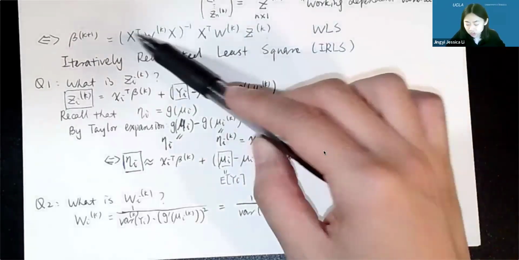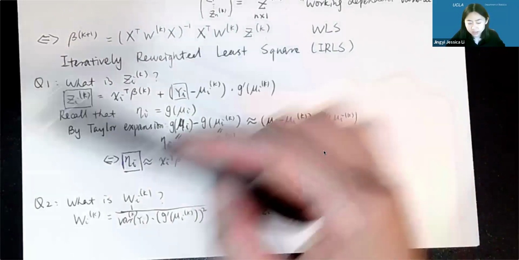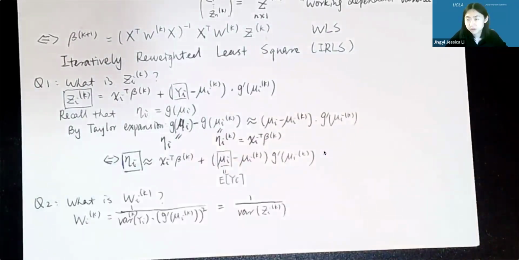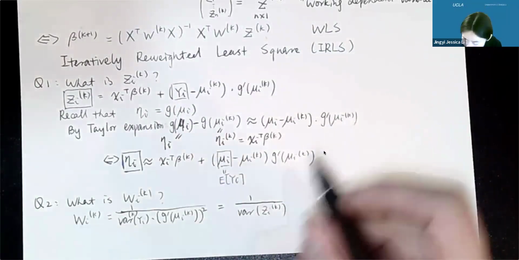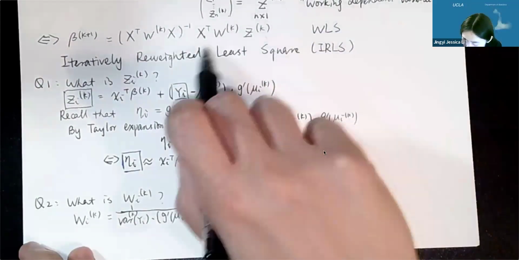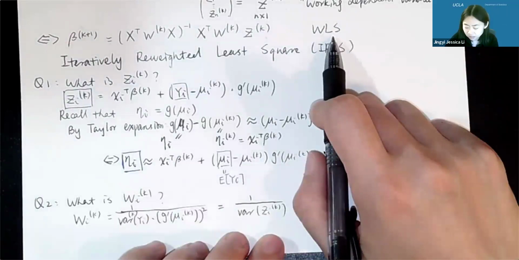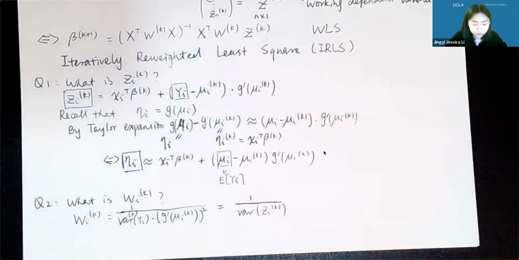Each weight for observation i is the inverse of the variance of the response, and here the response is zik. So we confirm that this is weighted least squares with zik as the response.